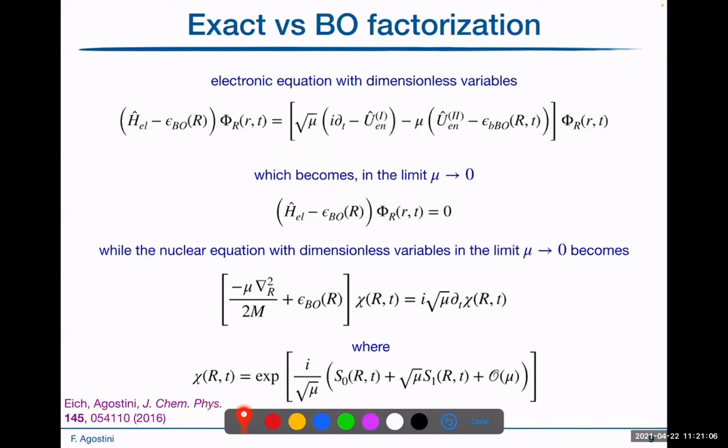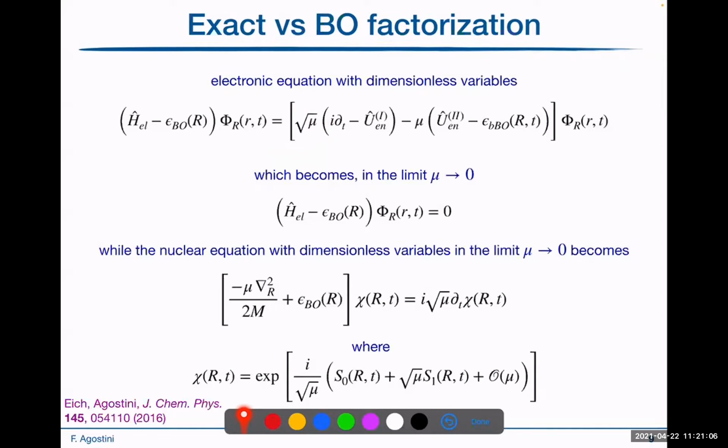So the dynamics appears back in the electronic equation as soon as you abandon the Born-Oppenheimer limit. And you can also see that there is one leading term in this electron-nuclear coupling operator, which is power mu to the 1/2, and then there is a second term that instead is power 1 in mu.